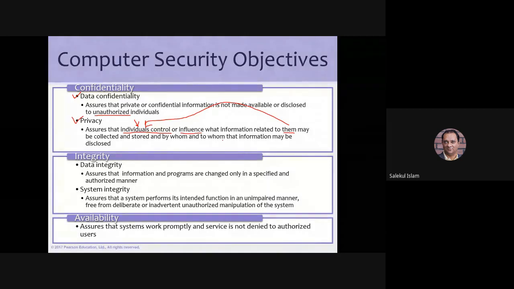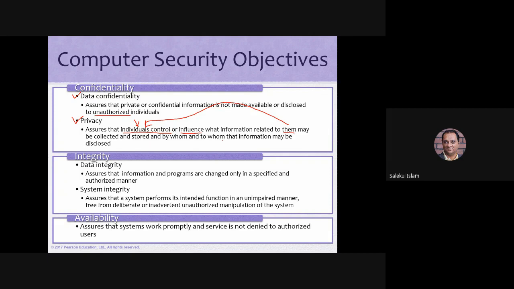So now the question is, what will be the use of that information? My normal expectation is only the doctor will be able to see that information. Maybe I am giving even my phone number and my email address also.